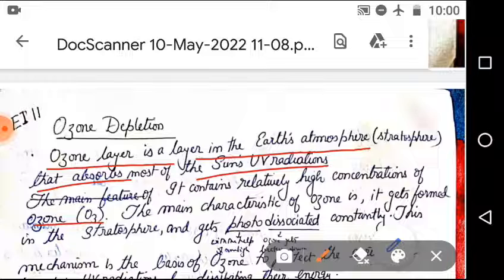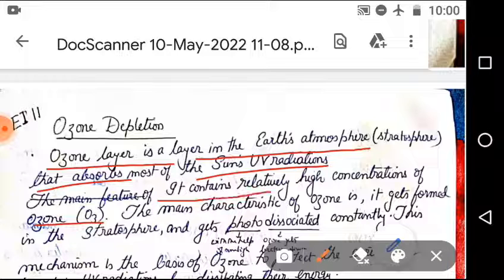So the ozone layer has some importance in maintaining the temperature of the earth, because most of the sun's harmful radiation, that is the UV radiation, ultraviolet radiation, is absorbed by the ozone layer.